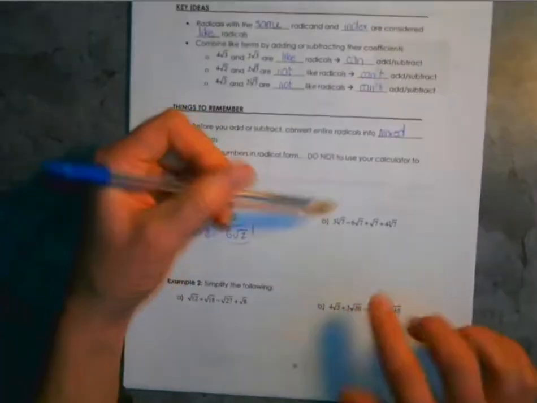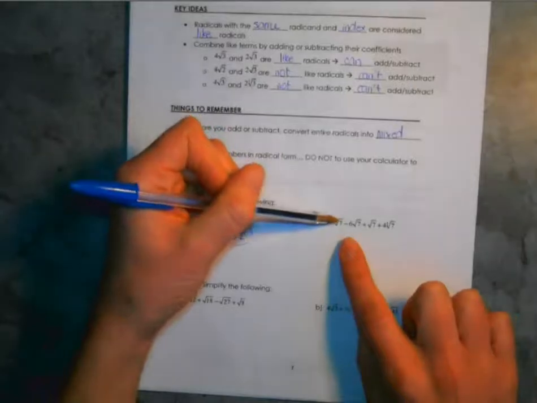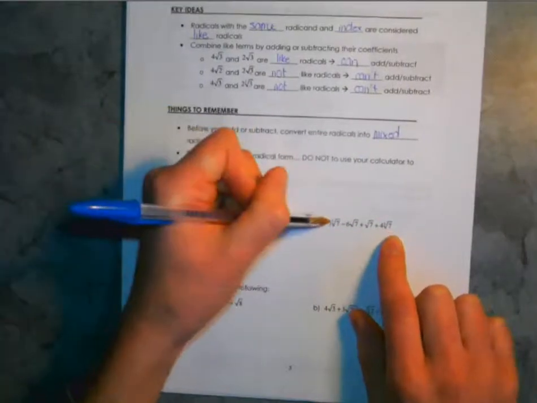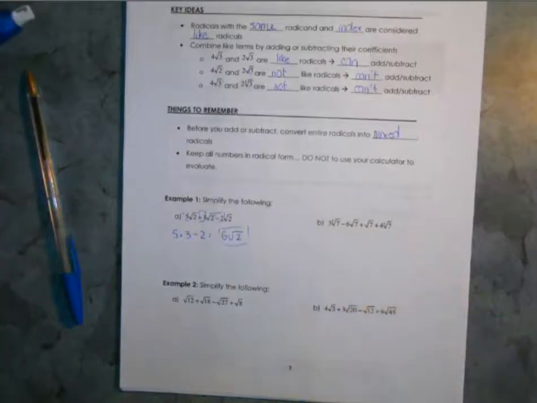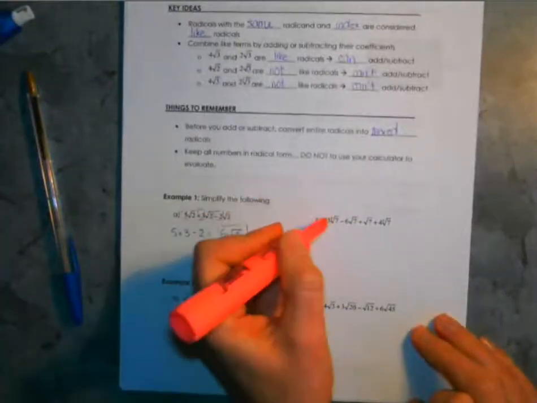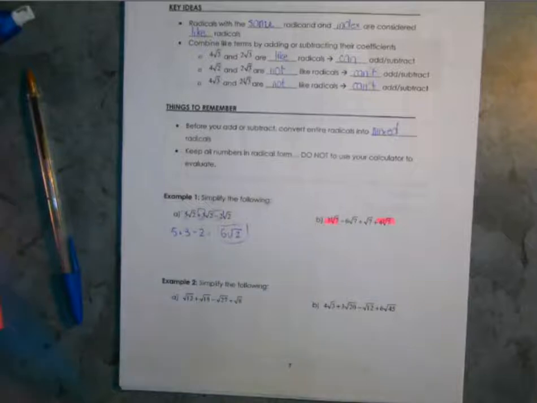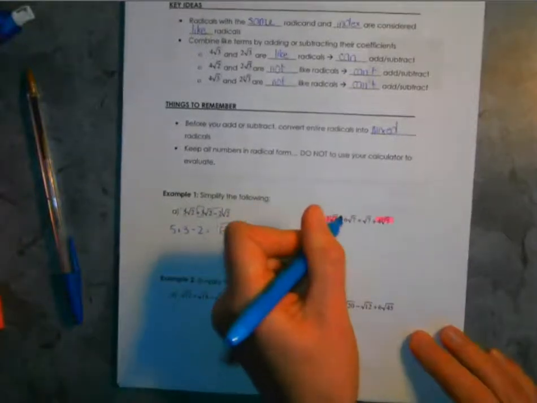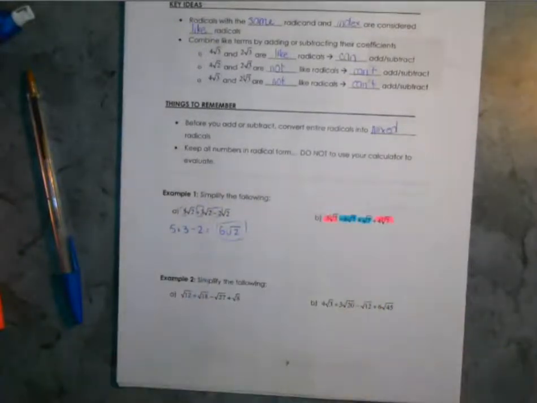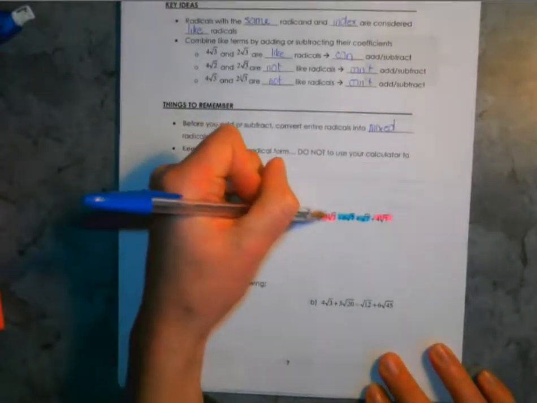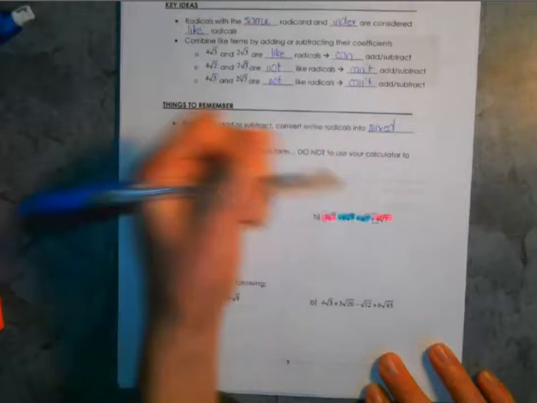Okay, what about this one? We have 7 underneath all of those, which can't be simplified whether it's a square root or a cube root. So we have a cube root 7 here and a cube root 7 there. And then we have square root 7 and square root 7. So it's a good idea for you to get used to keeping your values together that are like terms. So we're going to be able to combine +3 plus 4, right?